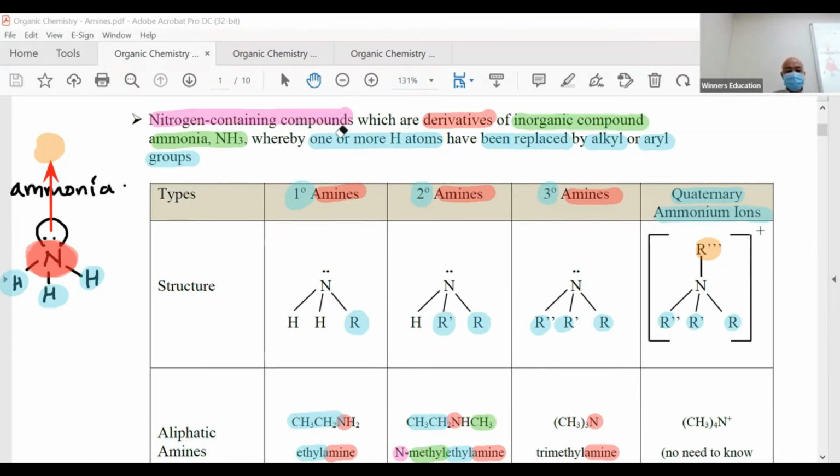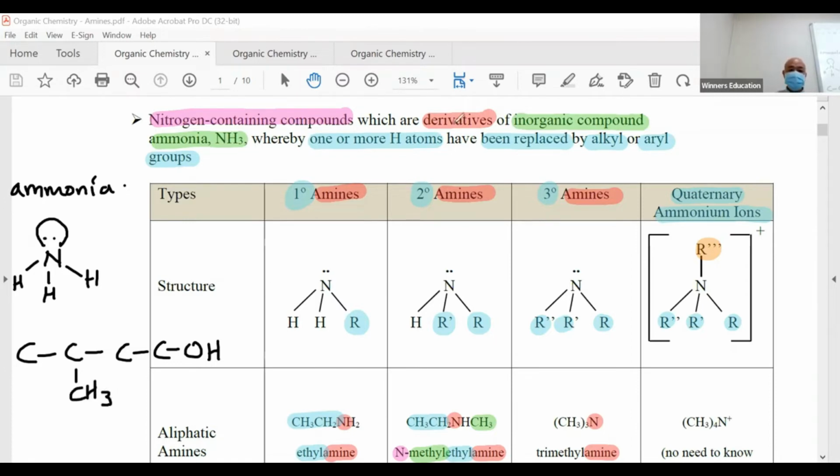Now, let me bring you back to some basic stuff. Let's take a look at carbon-containing compounds and how we label the positions. If you have a straight chain compound, and let's say this is an alcohol, right? Alcohol is a very important functional group, and let's say we have CH3 here.